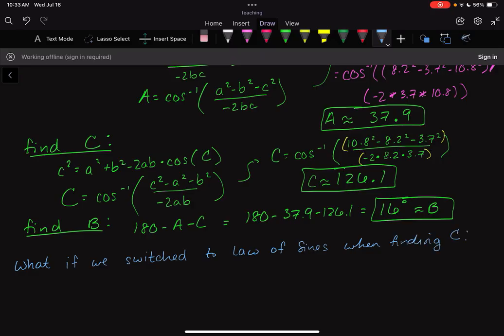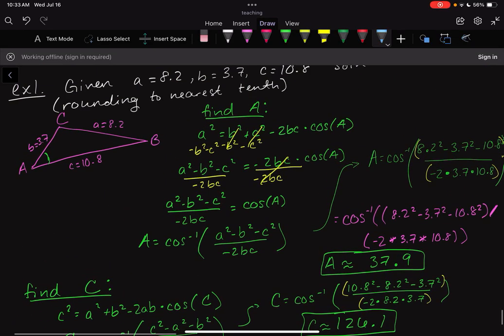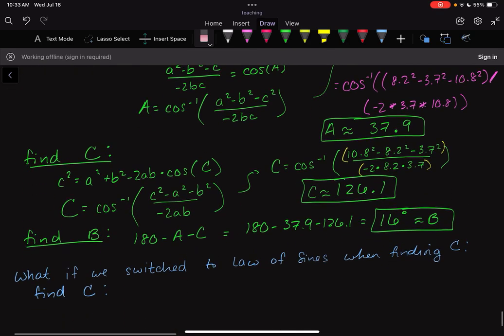When I found my A, I have a fully developed ratio, so it's technically okay for me to switch to law of sines. So I would have sine A over A equals sine C over C.